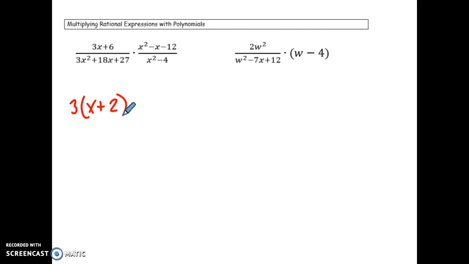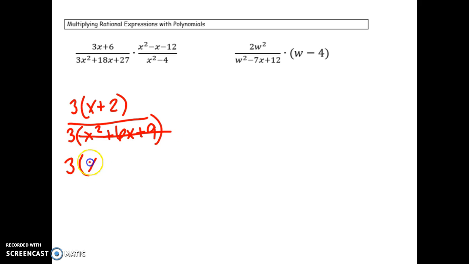On the bottom, I'm going to take out a 3 again, leaving x squared plus 6x plus 9, which can actually simplify down even more. It's going to be 3 out front, and then x plus 3 and x plus 3.